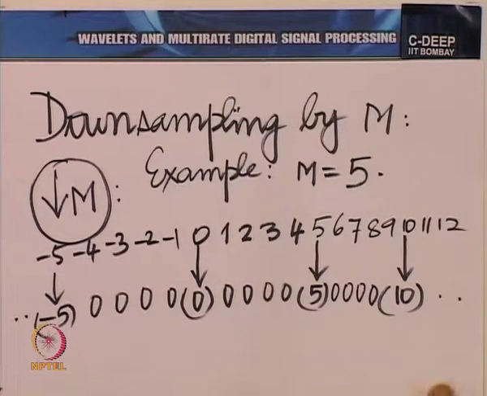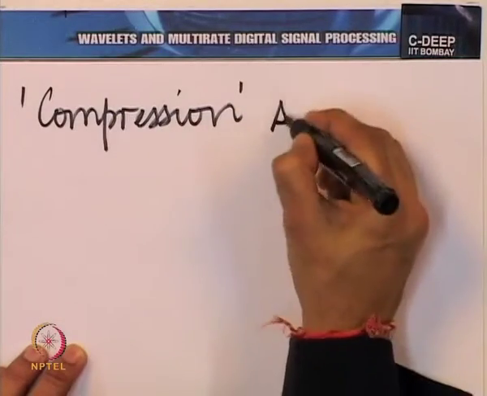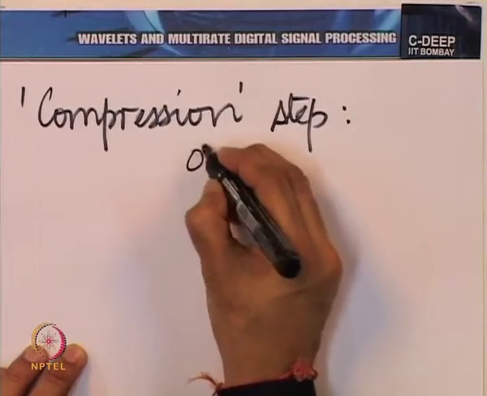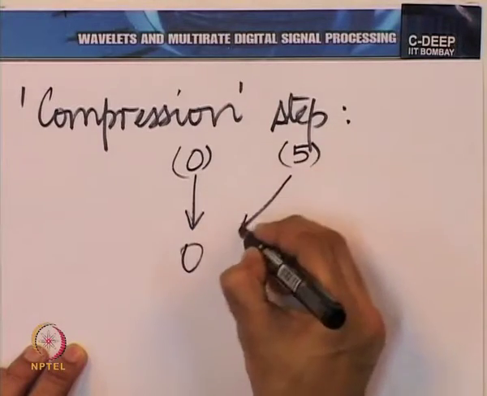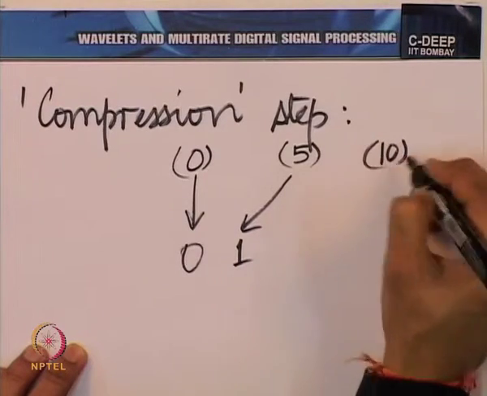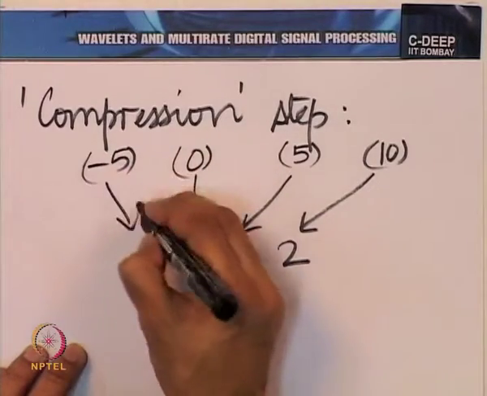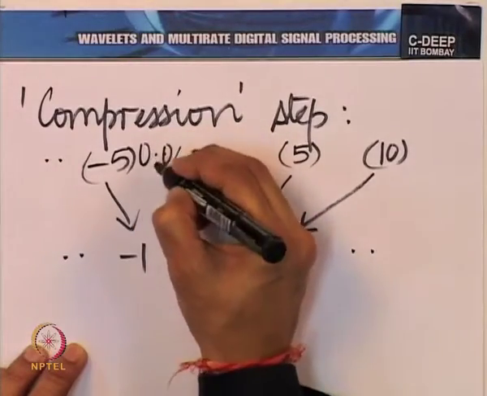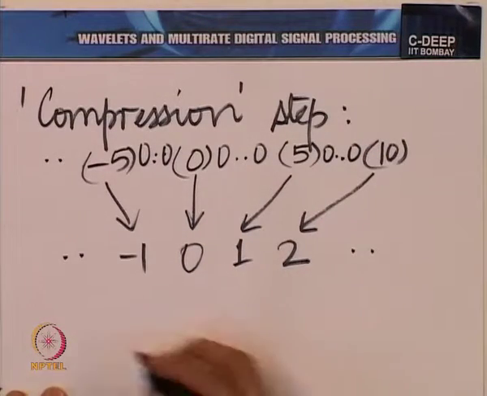So, this is the killing step, and then the compression step. The compression step would bring the 0 sample to the position 0, the 5 sample to the position 1, the 10 sample to the position 2, the -5 sample to the position -1 and so on and so forth. And remember, there are zeros in between which are simply thrown away.